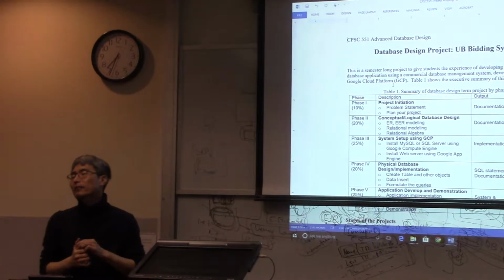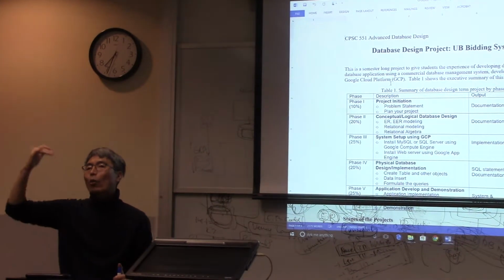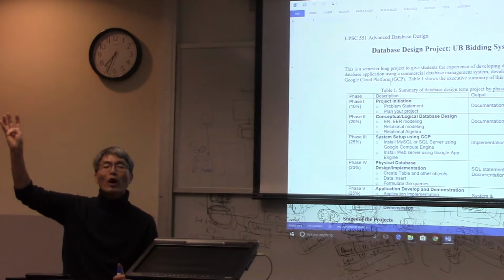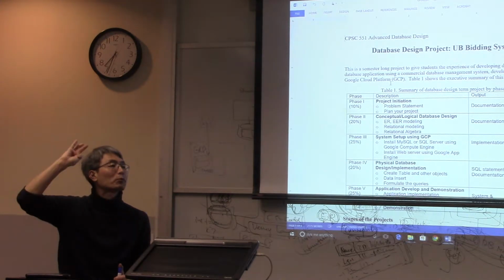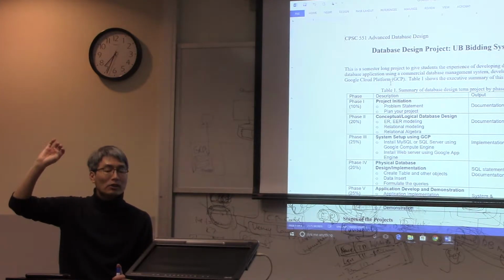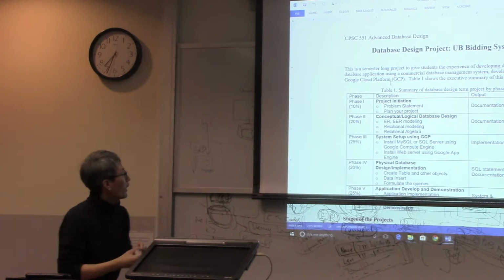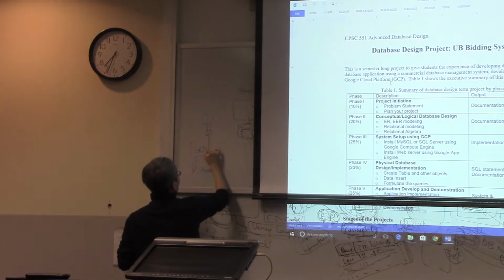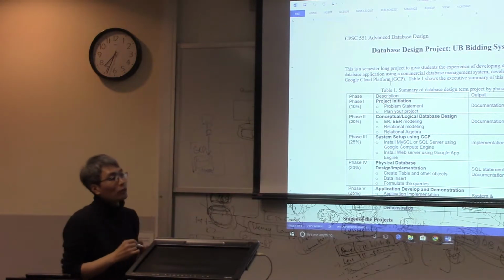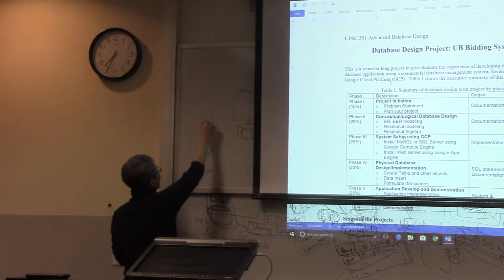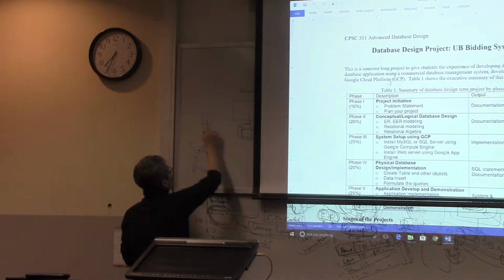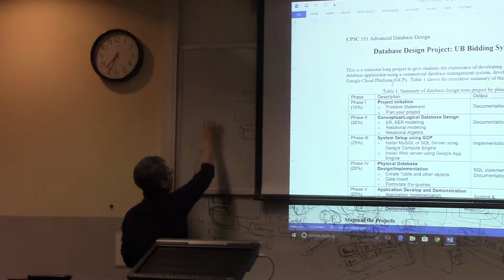The UB bidding system can be either a web interface or a standalone system. It's up to you. But many of the students select the web interface, which means connecting to the database through a web server. Or you can directly connect to the database from your Java application or another application.